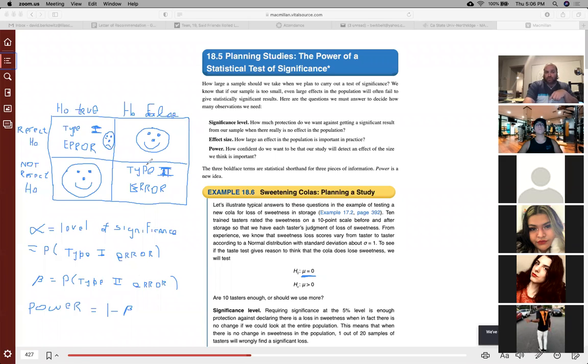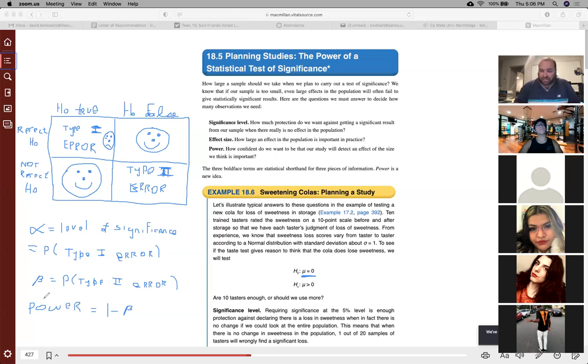If you make a type 2 error, the null hypothesis is false. How many ways can the null hypothesis be false? Infinitely many ways. If mu is not 0, but rather greater than 0, there's infinitely many values it can be. So in reality, we have infinitely many possible betas, and therefore infinitely many possible powers. One for each of the alternatives.